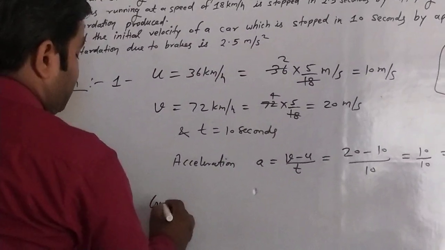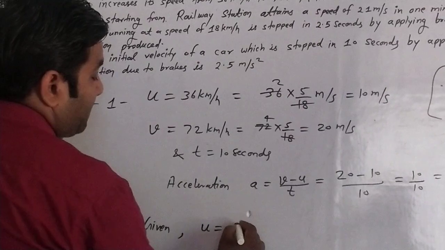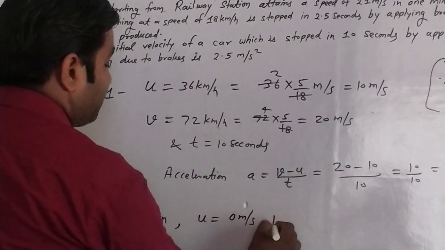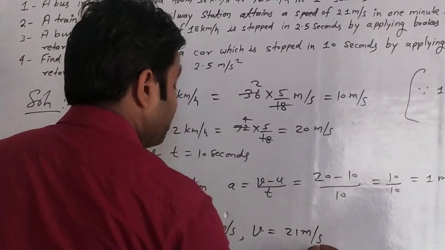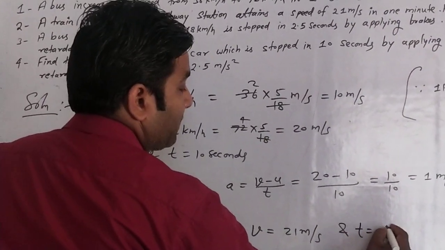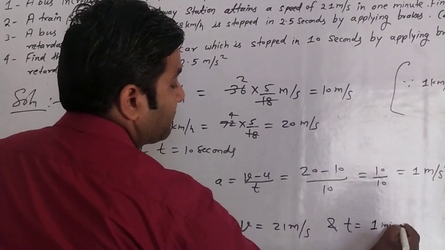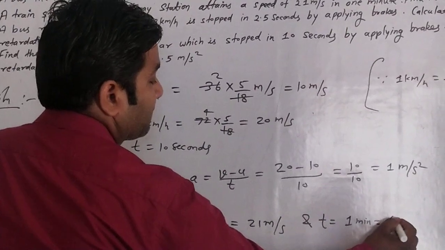Initially the train is at rest, so u is equal to 0 meter per second, and final v is equal to 21 meter per second. Also time t is equal to 1 minute, that is 60 seconds.